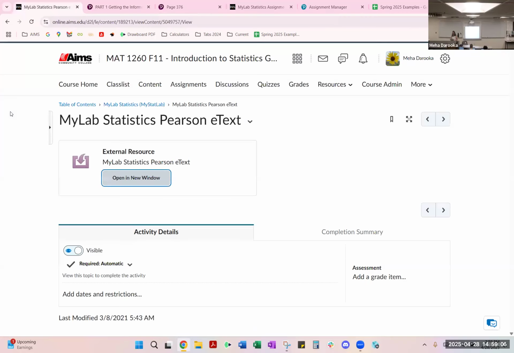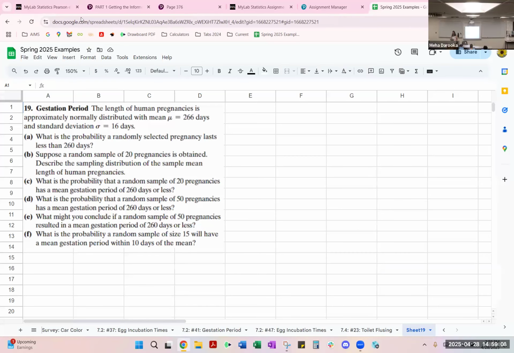Remember, you're talking normal distribution, which is what we had talked about in chapter 7. So how do we go about finding the probability that a pregnancy will last less than 260 days?